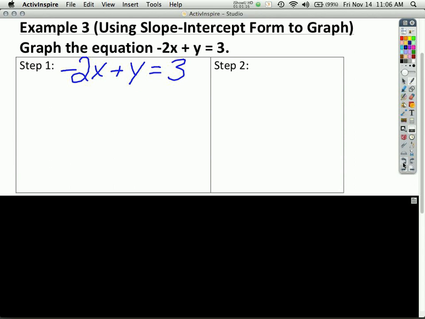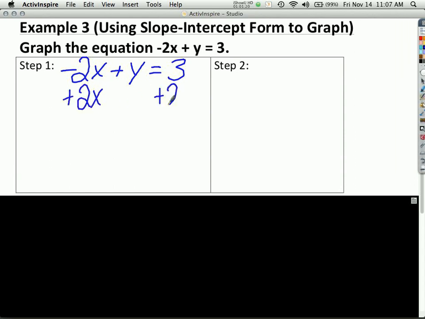Add 2x to both sides. This will disappear, and now we will have accomplished the goal he just said, which is y needs to be by itself. Essence, remind us again, what do I write first? Of course, because that's slope-intercept form.